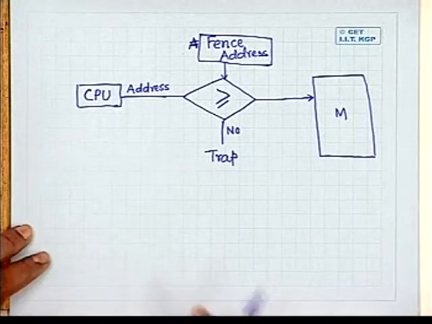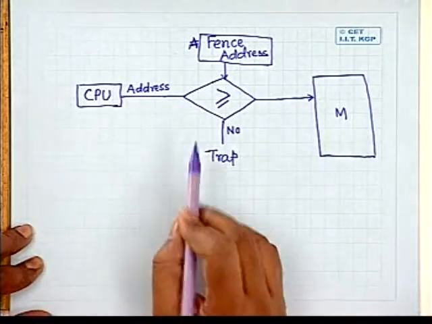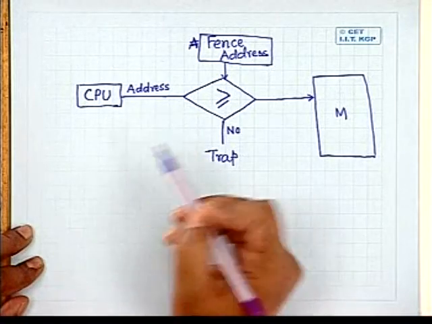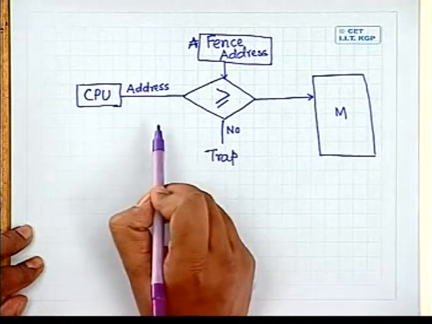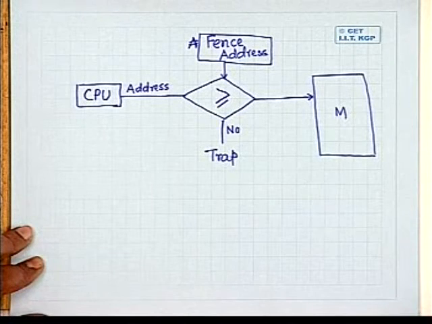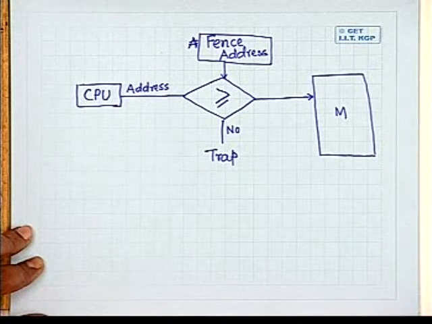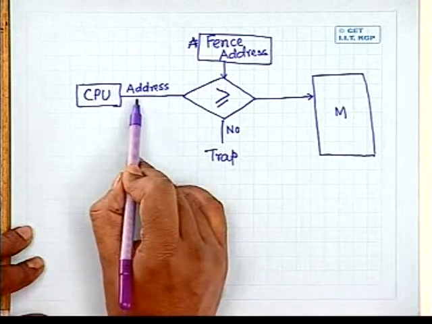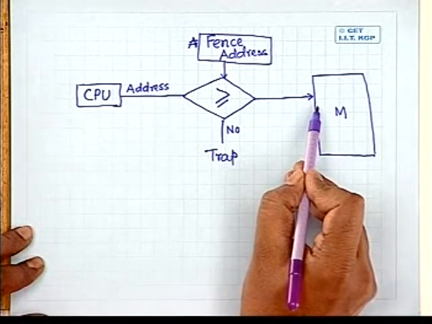So if I put such a hardware comparator which compares these two addresses, I don't need any extra memory cycle to compare by software the address generated by the CPU and the fence address. That means the process can be very fast. Whenever the CPU generates an address, the address directly goes to the memory.